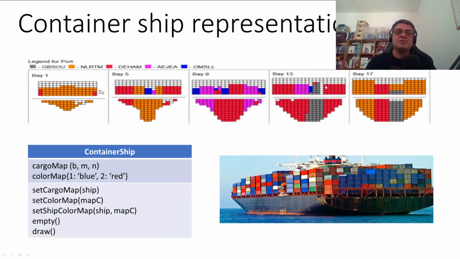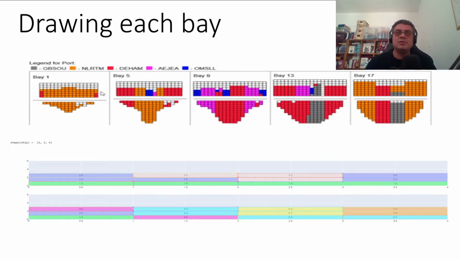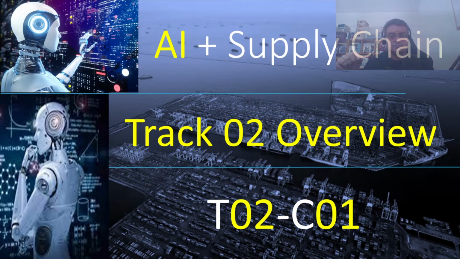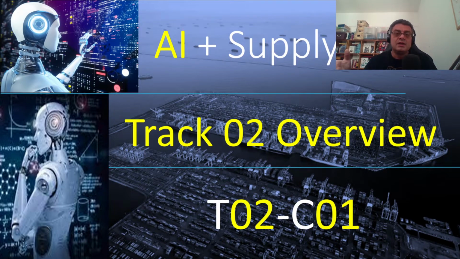We defined this class container ship in the first track, and we are also able to put cargo, unload or load cargo, as we did in the second track. The second track was very interesting because we defined unloading and loading rules.